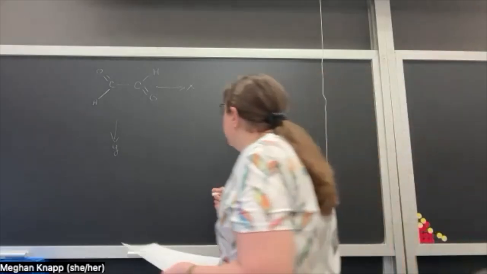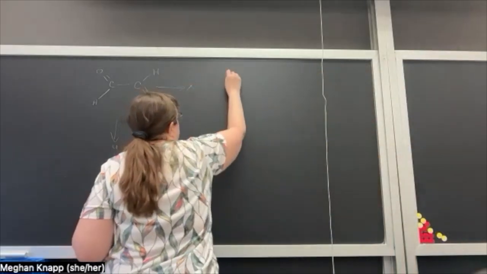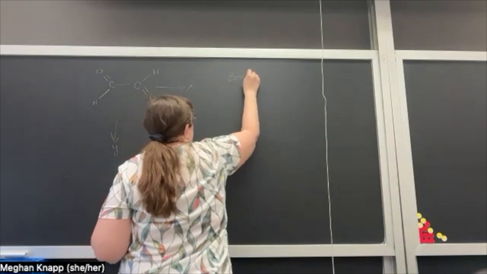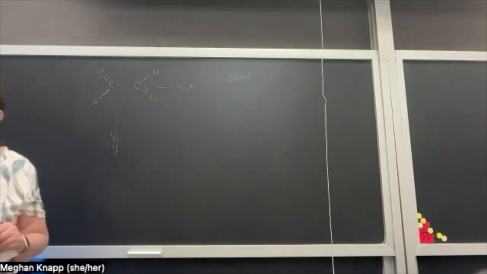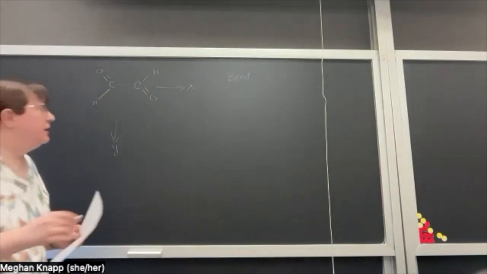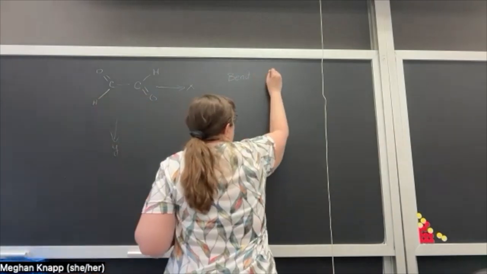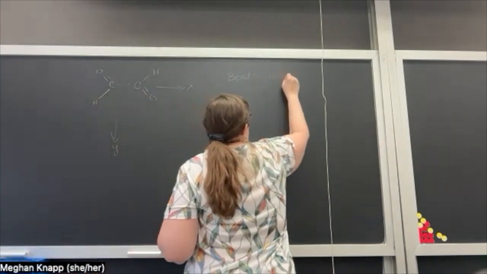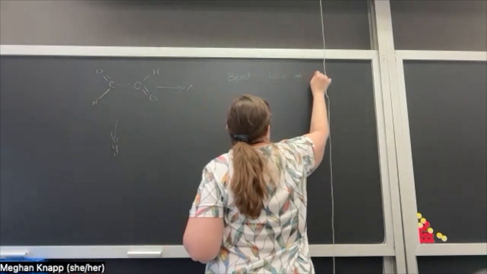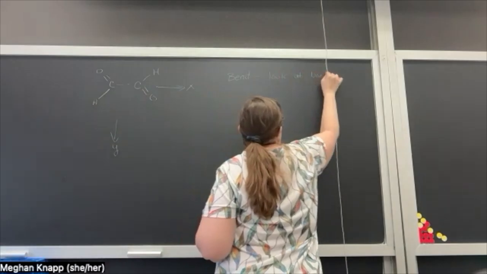Okay, so what we're going to look at is bending modes. So to find stretching modes, we look at the bonds themselves. To find bending modes, look at bond angles.